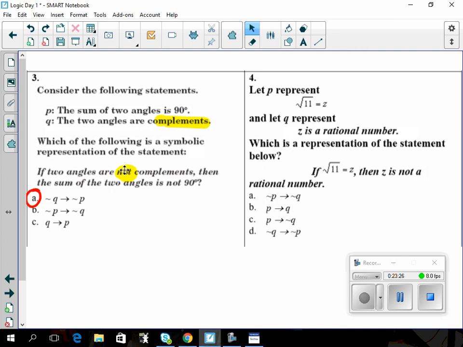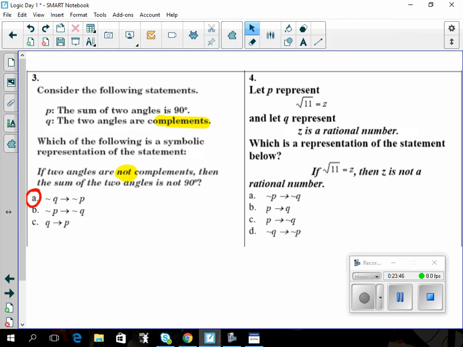On problem number 4, we have what P and Q represent. And then we're trying to figure out, again, I have an if-then statement. So in an if-then statement, that means I'm going to have these arrows, which I have every time. And so then I'm looking for what it starts with.